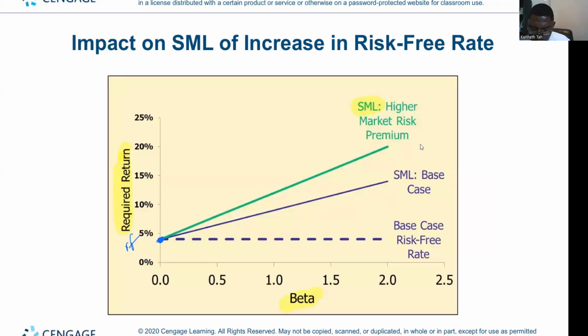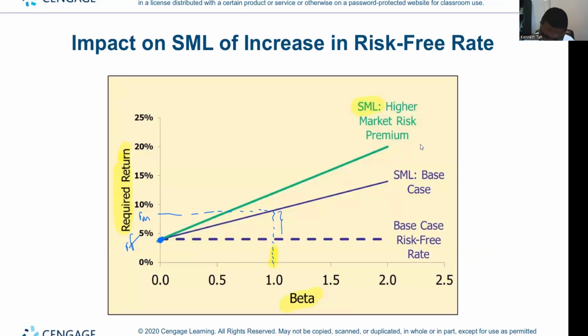So we can ask ourselves, what is going to move the security market line? There are two things. The first is when investors become more risk averse. Notice, if we look at this first case, this is a beta coefficient of 1, the market beta. We come somewhere here. This is RM, the market return.